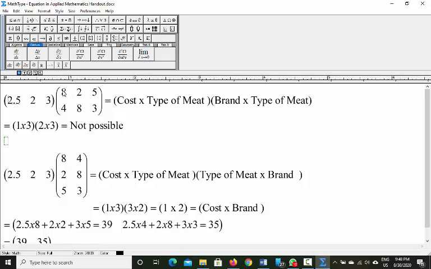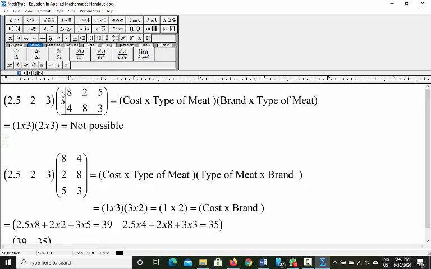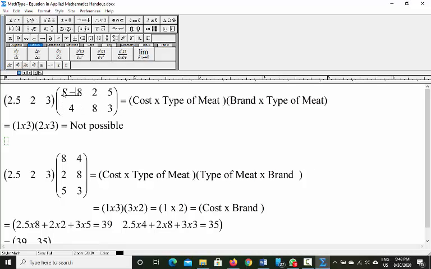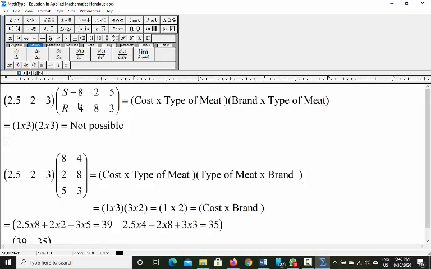So here in the row we have what? This one represents superior brand, and this one represents regular brand.